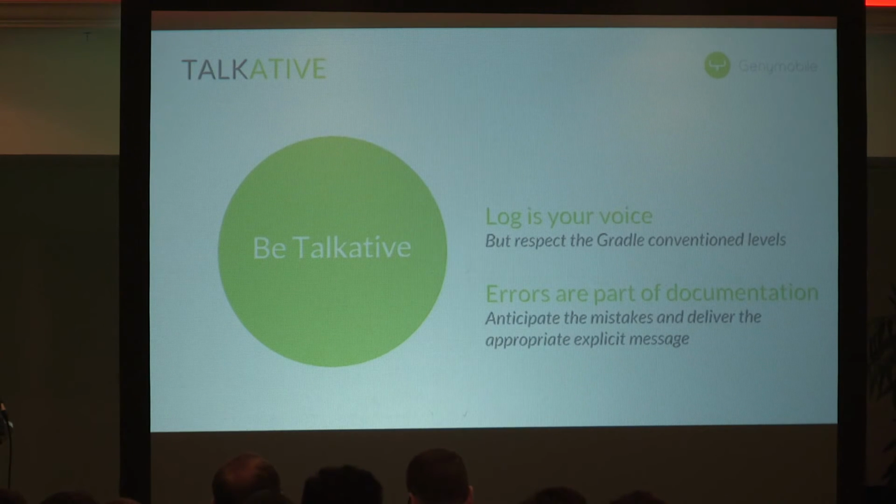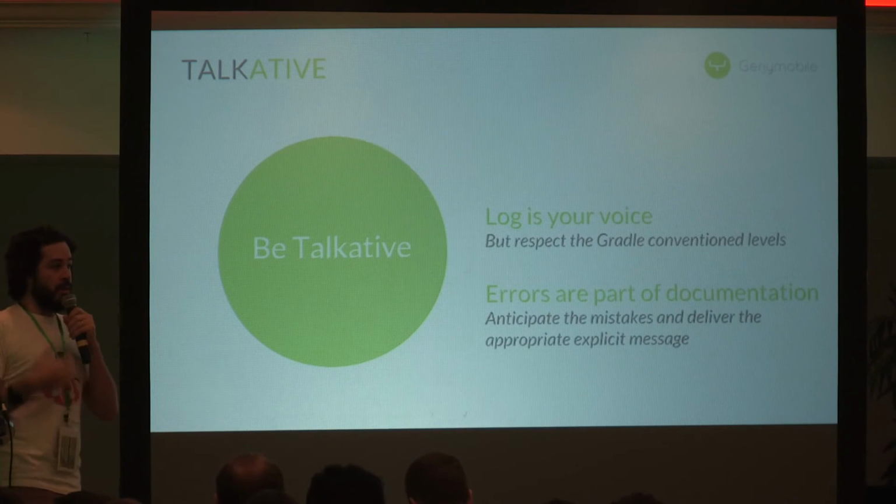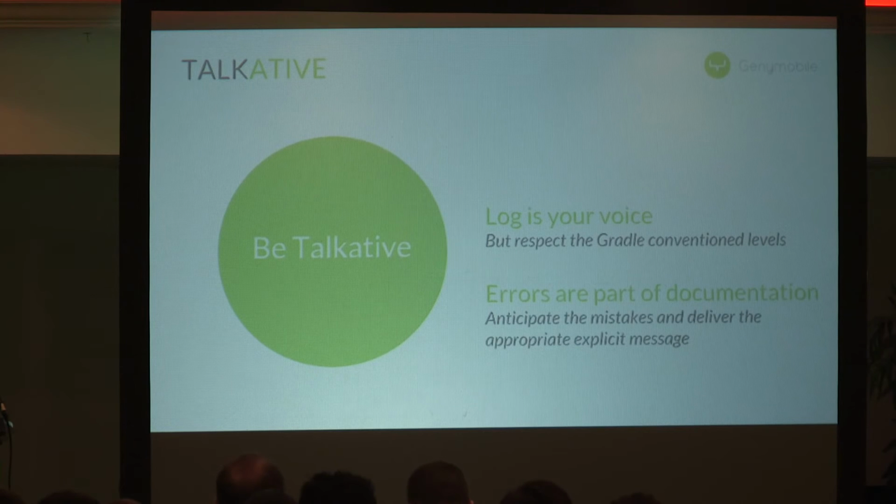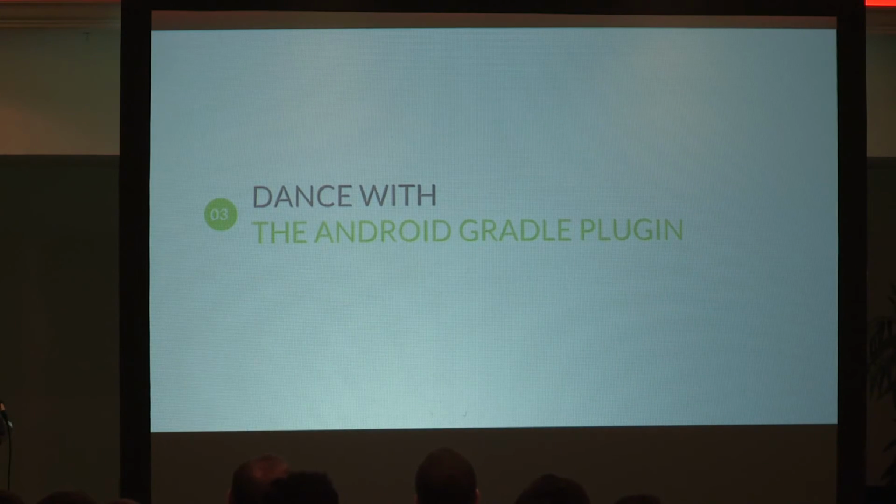There are different levels you can use, and you can instantiate loggers very easily, and make these errors part of your documentation. Really, consider it like your documentation. It is supposed to guide your user to the thing he wants to do.